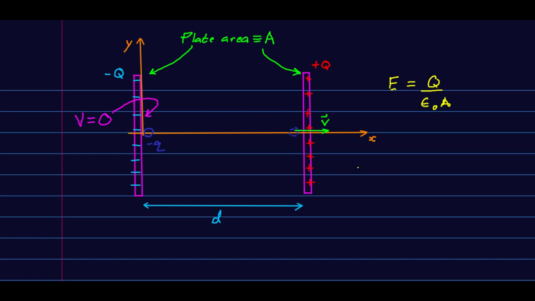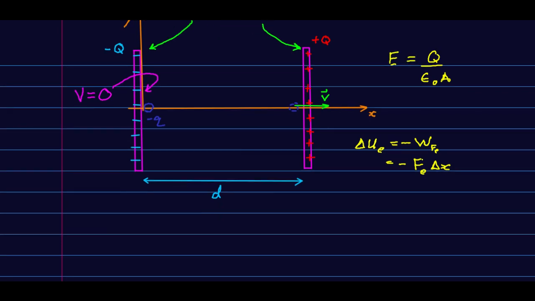We know that the change in the potential energy is just the negative work done by the electrical force. And that means it's the negative magnitude of the electrical force times the distance traveled, because this is a constant force.